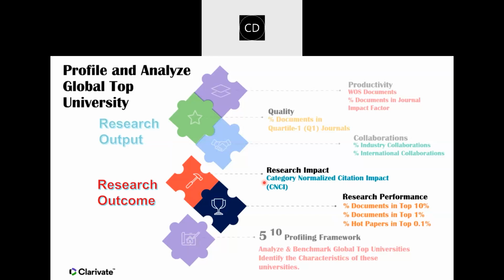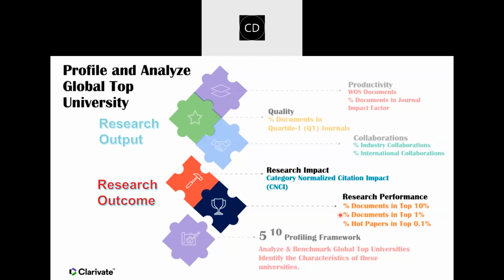If the entity has a CNCI of below 1.0, then that entity is performing below global average in terms of research impact. Okay, so anything above 1, good. Anything below 1, not great. Okay, so something that you need to be always aware of.